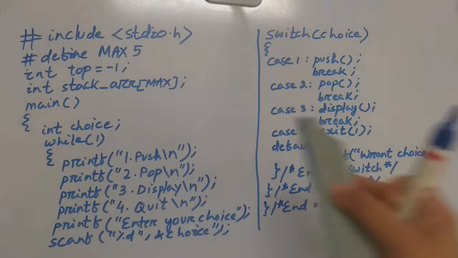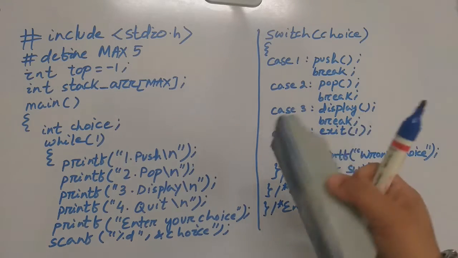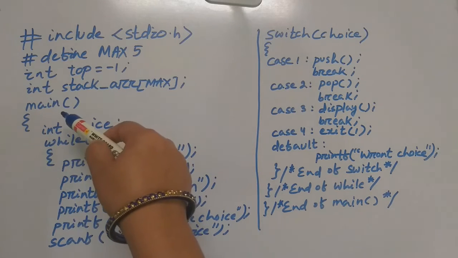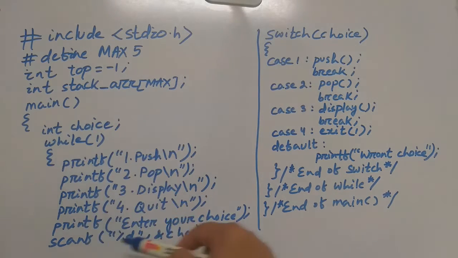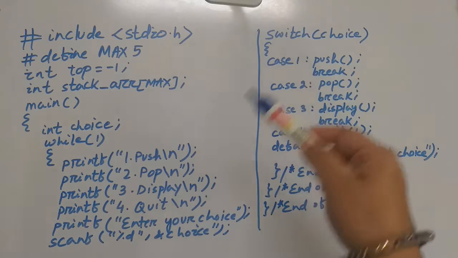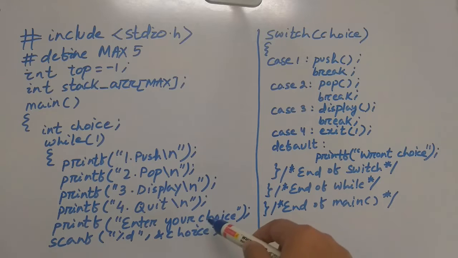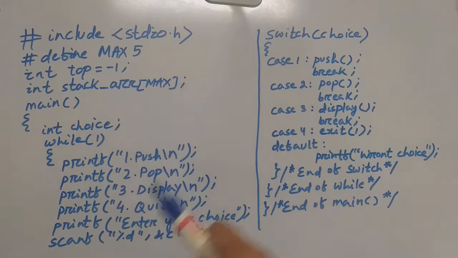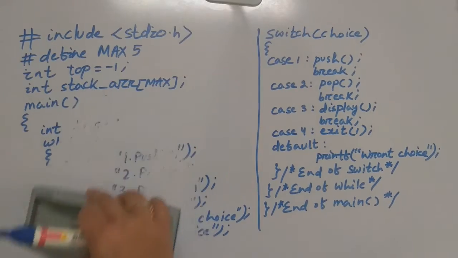This is all about the main section, and the calling is from the main section. Whenever a program is executed, it sequentially executes the main section, and when it encounters the switch, whichever choice you entered, that is executed. Then we write the push operation.